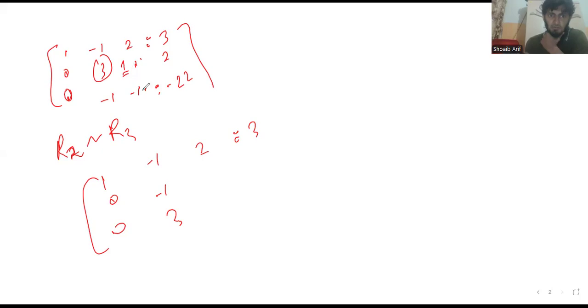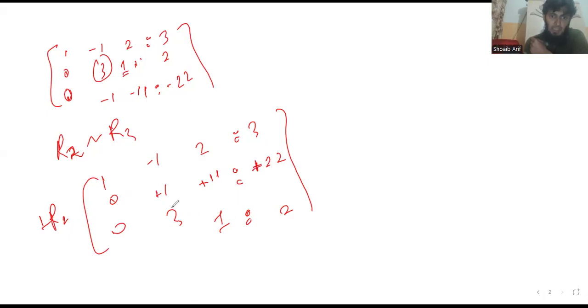So in the place of 1, we will write minus 11, and we write minus 22 and 2. Okay, so apply this operation. Then multiply R2 by minus 1. So this is plus 1, this is plus 11, this is plus 22.